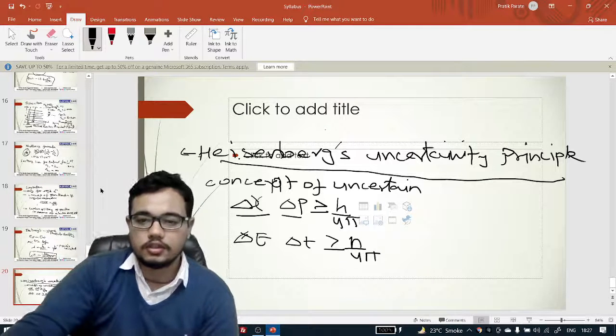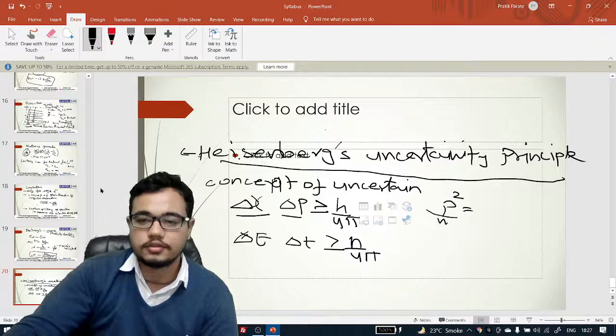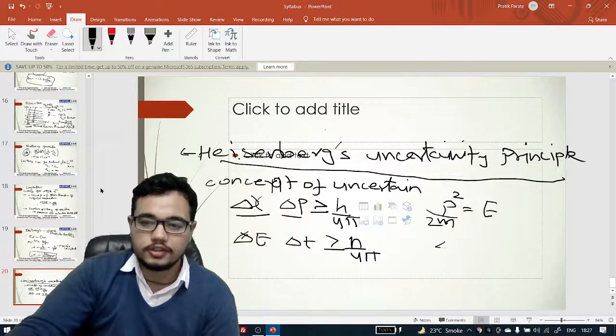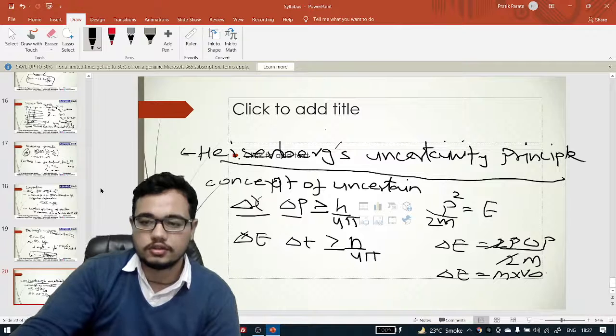How is this calculated? Now p is momentum, p square by 2m is energy. This is half mv square. When we multiply denominator and numerator by m, we get p square by 2m. Upon differentiating, delta E is equal to 2p delta p by 2m. Now what is p? P is mass into velocity.